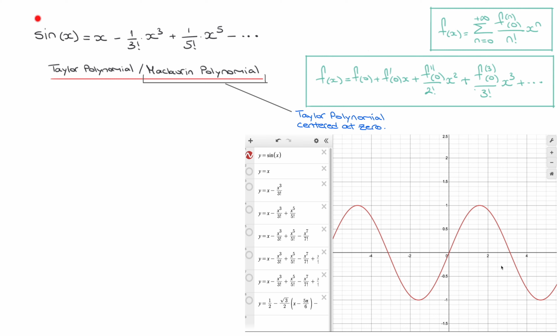Alright, now if I use the Maclaurin series for sine of x here to define what a Taylor or Maclaurin polynomial actually is, I'll go ahead and copy this series, but I'll also include the 0 terms this series has. And that would look something like this.